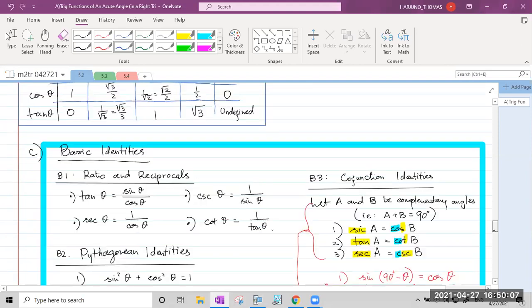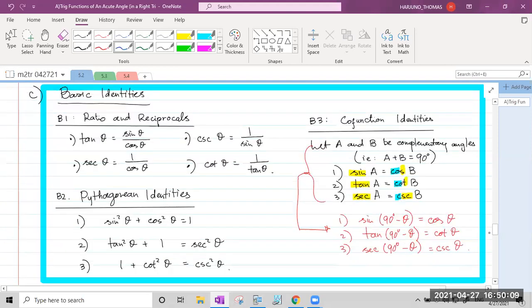Then we have basic identities. There's one part in this section I will not do now. I will do it later, very likely next week on Tuesday instead of Thursday. That is verifying identities.